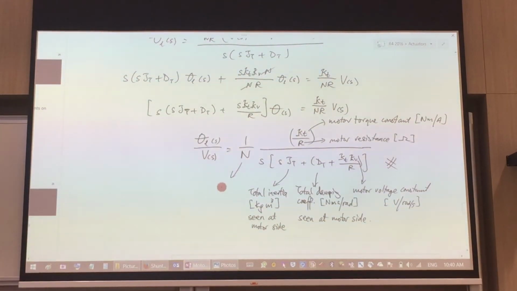And you know already that N is your reduction gear ratio. Vs there is your input armature voltage. That one there is the output load position.